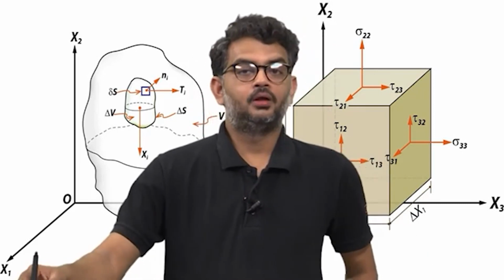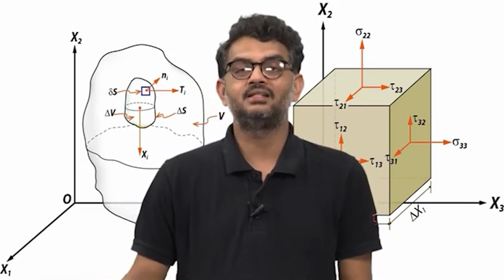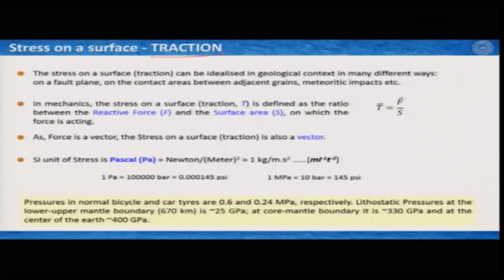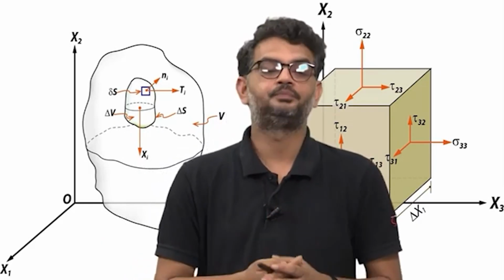So, let us first have a look at the stress term when it is acting on a surface, or as we define it, traction. The stress on a surface can be idealized in the geological context in many different ways. For example, when you have a fault plane, two planes are moving past each other, keeping contact.